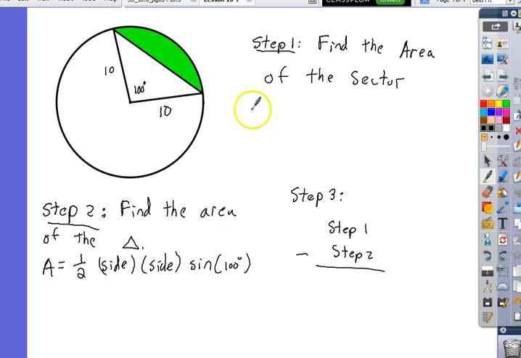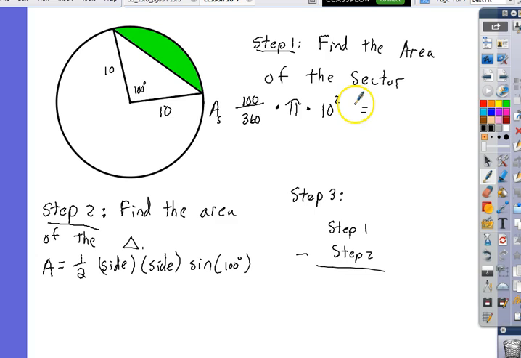So finding the area of the sector is going to be the degree over 360 times pi times radius squared. So the area of the sector is going to be equal to 100 divided by 360 times 10 times 10 times pi.